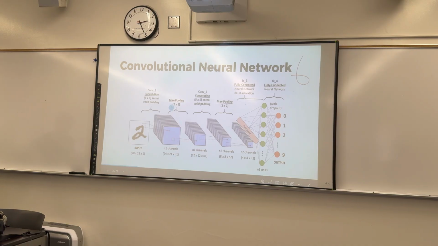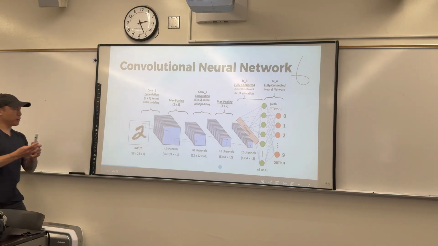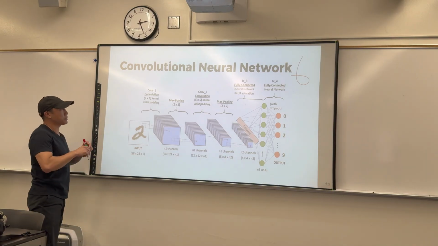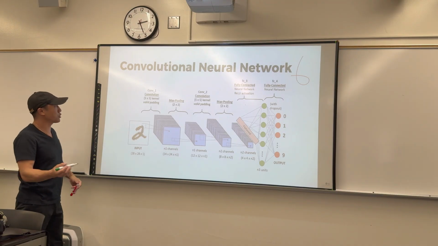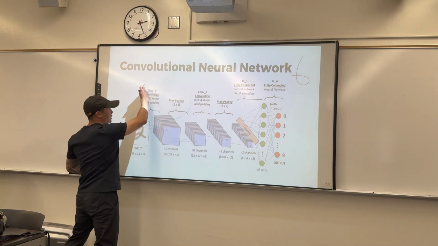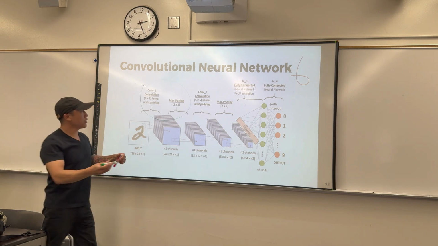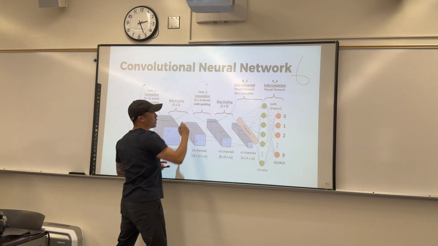That's how we're going to be reducing the size, and we'll go over the math eventually, but this is the general idea. Some professors or researchers will call this a convolutional layer, and someone else called this a convolutional layer.